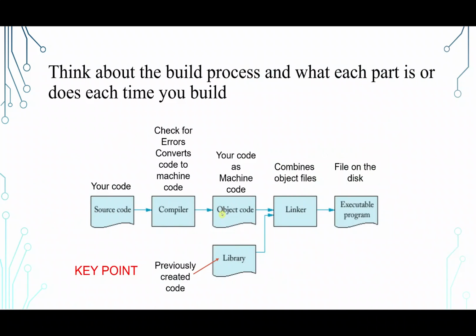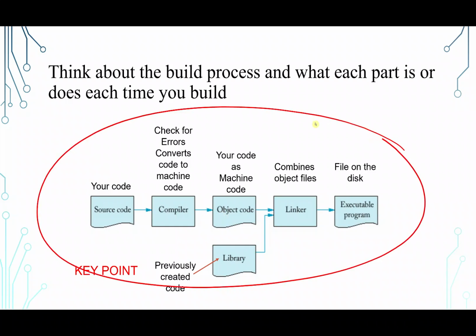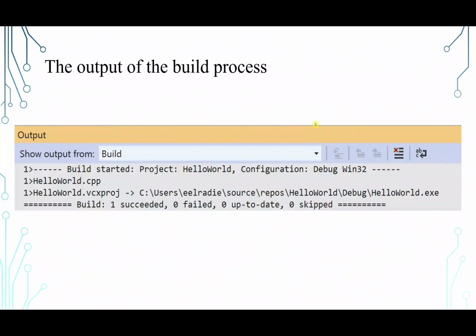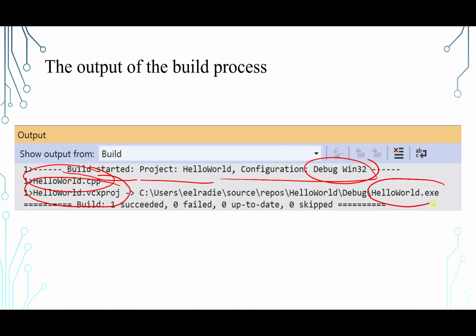Now, whenever you do that, think of the build process. Now, the output of the build process is, okay, build started, here's the project name, the configuration is we are debugging on 32-bit device, and hello world.cpp is the source code. Here is the object code being created, and we are creating the hello world.exe, which is basically the executable file.